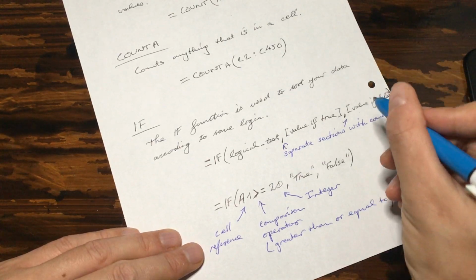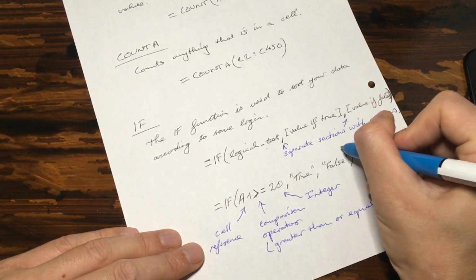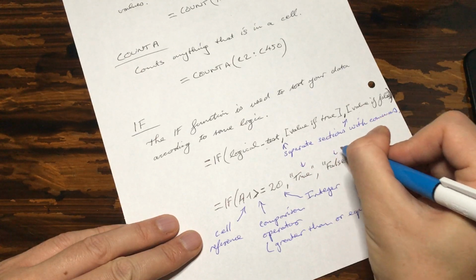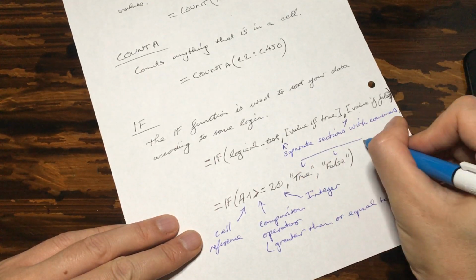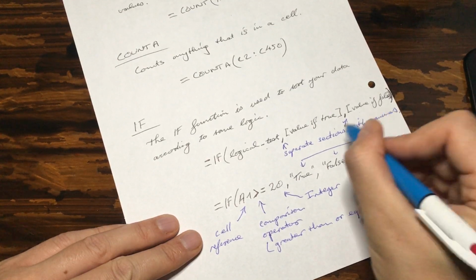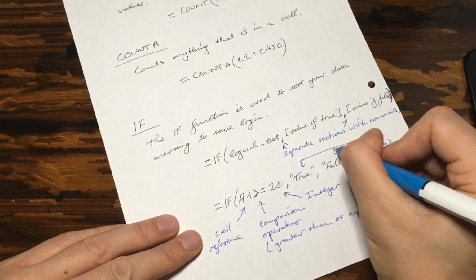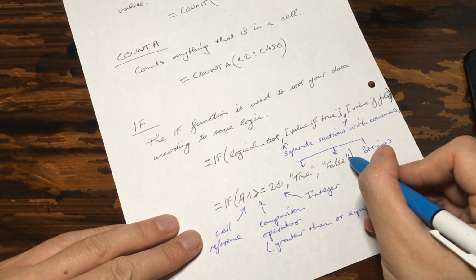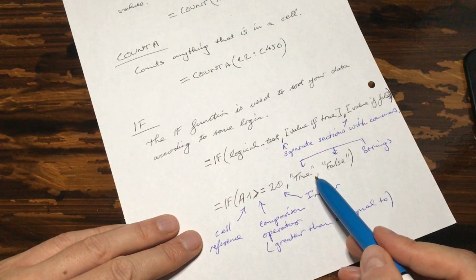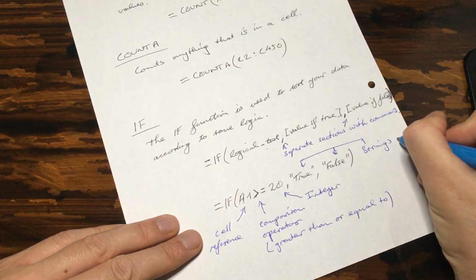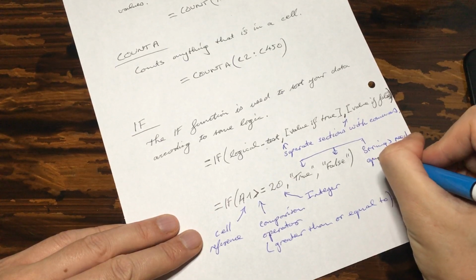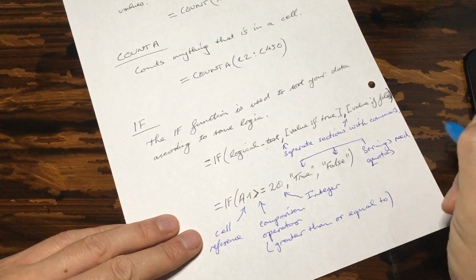Now, you can see here that these two are strings. Okay, and when you do a string, you can see it's got these double quotes. You can use single quotes. Alright, so strings need quotes.